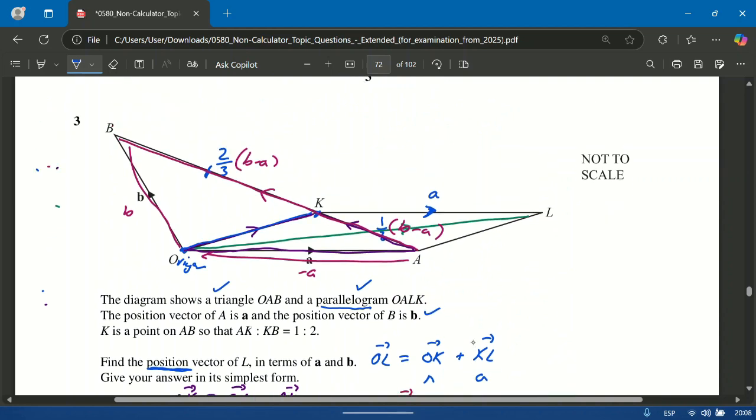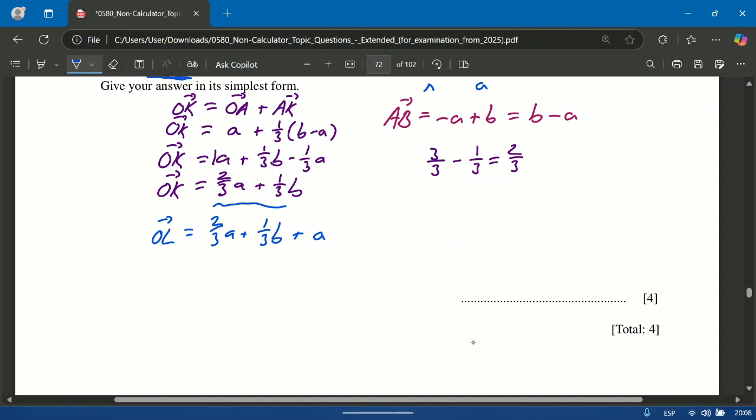OK we just worked out, and then we add that A to get OL. Let's squeeze things together. Again, 1A is the same as 3/3, plus 2/3, which will give us 5/3. So we get 5/3 A plus 1/3 B. And that's our final answer: 5/3 A plus 1/3 B.